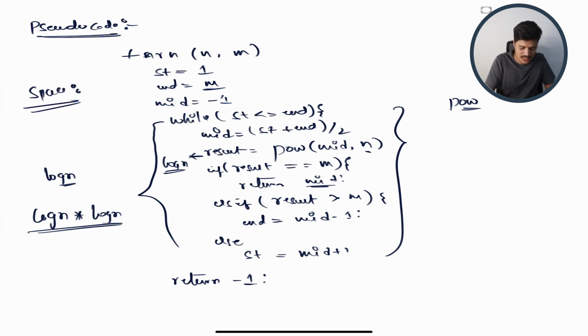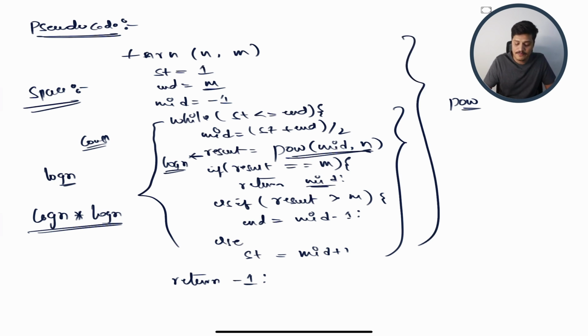The space complexity for the outer while loop will be constant only, and the power function that we have implemented will also consume a constant amount of memory only. As a result, the total space complexity for the logic of finding the nth root of the given number will be constant, which can be represented as order of 1. Okay, so that is the time and space complexity of the logic that we are going to write.